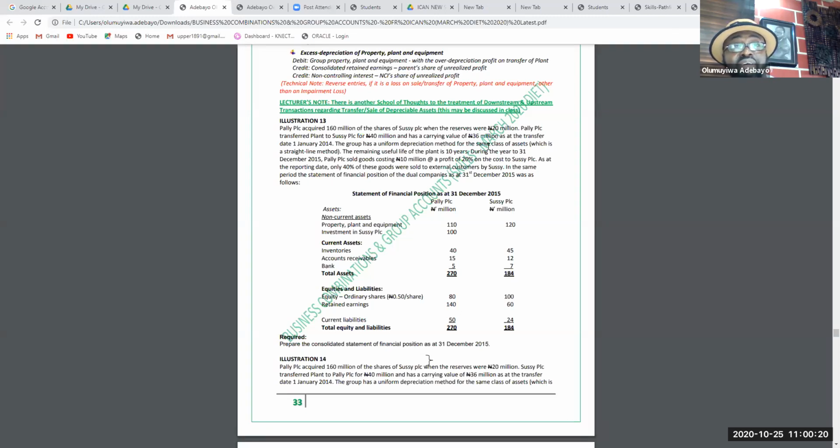The group has a uniform depreciation method for the same class of asset, which is the straight line method. The remaining useful life of the plant was said to be 10 years.